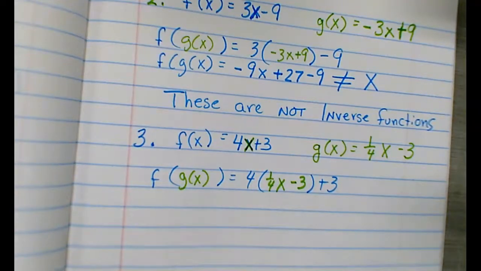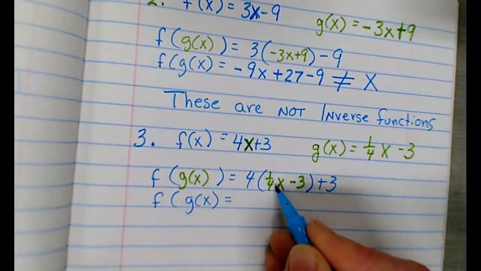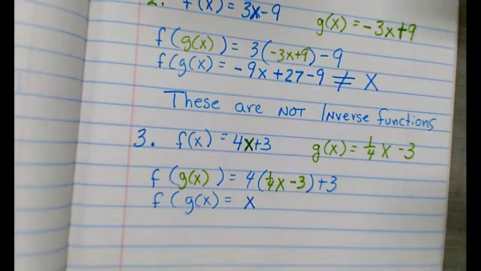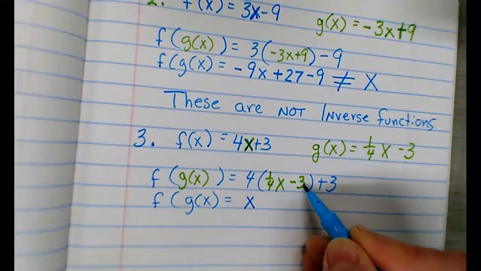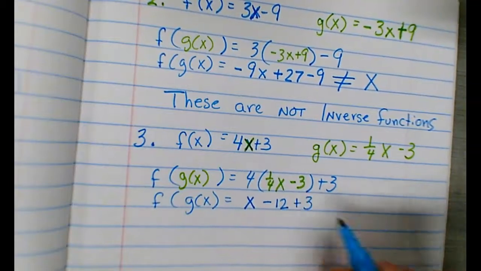So 4 times 1/4, the 4 and the 1/4 cancel each other out. That's just x. 4 times 3 would be 12, and plus 3.